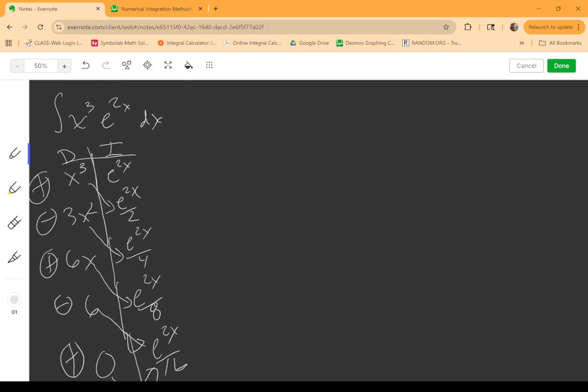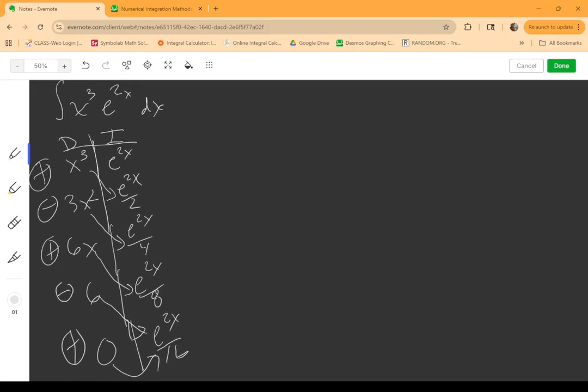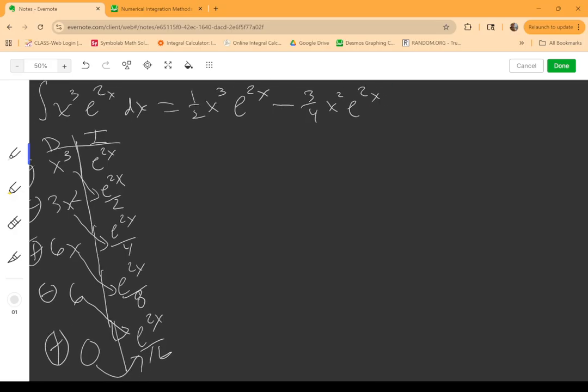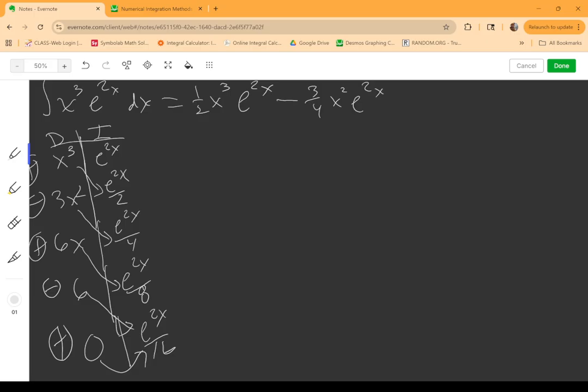And then now multiply this through, and we get the first part is 1/2 x cubed e to the 2x minus 3/4 x squared e to the 2x, and plus 6 over 8 reduces to 3/4, so plus 3/4 x e to the 2x, and then minus the last one here, 6 over 16 is 3/8 e to the 2x.